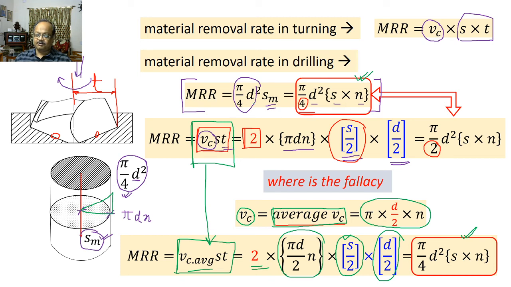However, for your numerical solving of problems, we would recommend that you use this simple formula instead of using Vc average into S into T and modifying certain things while solving problems. So while solving numerical problems, this formula is good enough. But for academic reasoning, can Vc into S into T be used? Yes, it is a big yes, it can be used.